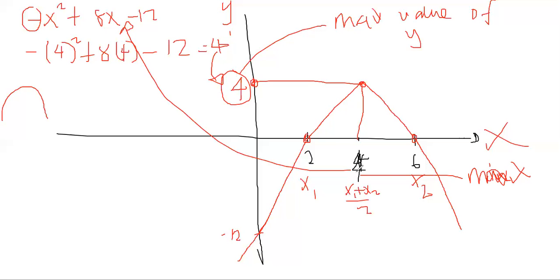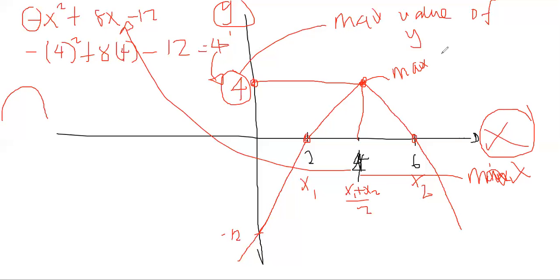When they ask you the value of x that maximizes this function, it should be the average of the 2 roots, that is x1 plus x2 divided by 2. So this point here is the maximum point.